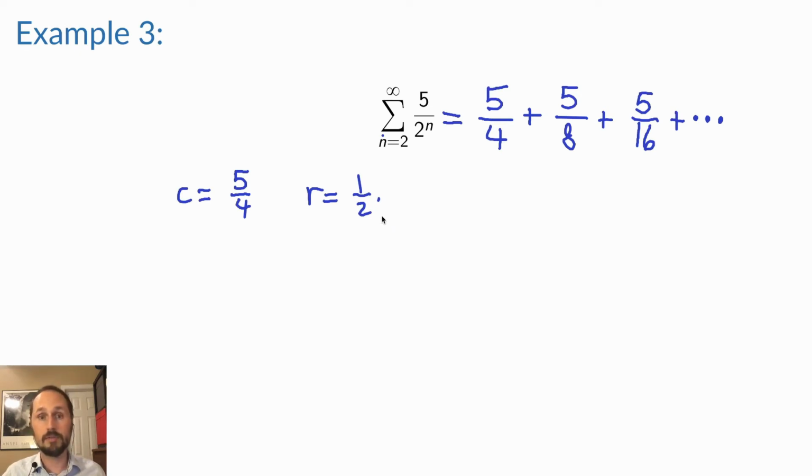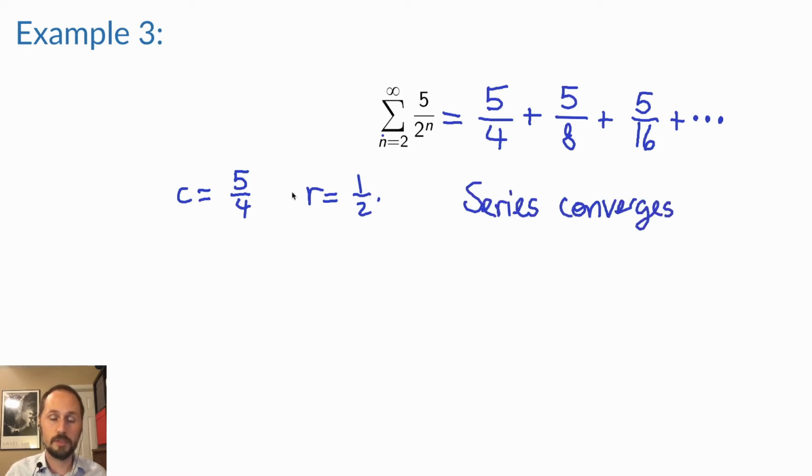And then just applying our formula, the formula then gives us that, well, first of all, the series converges, and that's just because this ratio is less than 1. And the value of the series is going to be c over 1 minus r. That's the formula.